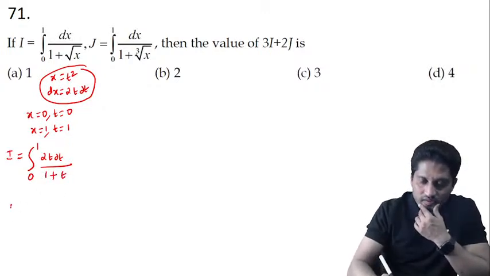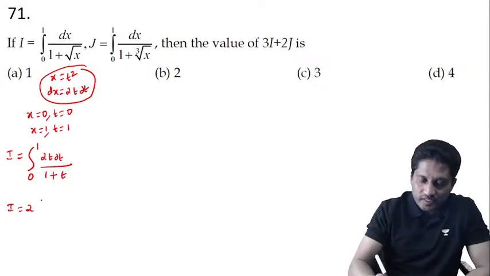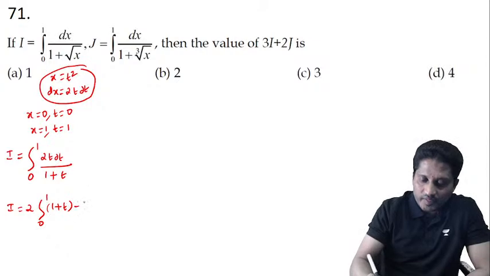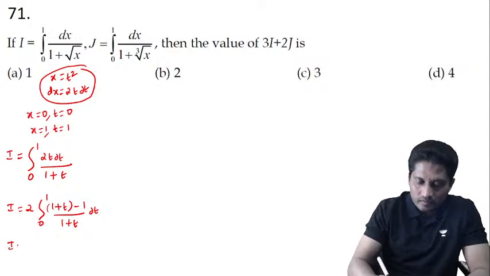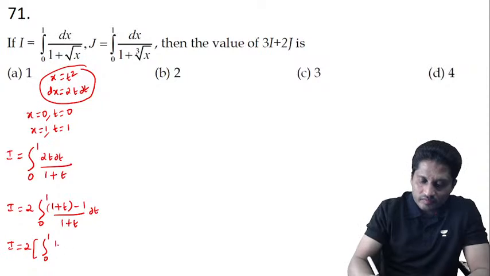This is t. I is equal to 2 times the integration 0 to 1 of t over 1 plus t dt. Add 1, subtract 1 in the numerator. So this is equal to 2 times the integration 0 to 1 of (1 plus t) by (1 plus t) dt minus the integral 0 to 1 of 1 divided by 1 plus t dt.